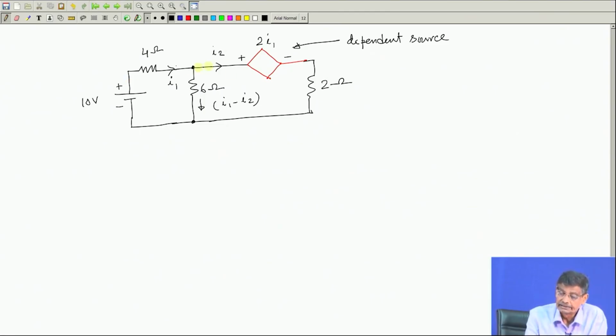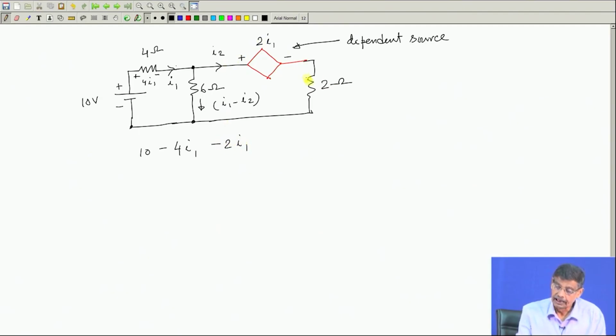So, I take this outer loop, or any loop you take, outer loop suppose I take. Then I start from this point, from this to this, what will be the voltage drop here? Plus minus 4I1. So, 10 volt from this to this, then minus, if any mistake point out, minus 4I1. Then I reach this point, and from this to this, it is a voltage source with this polarity. So, minus 2I1.